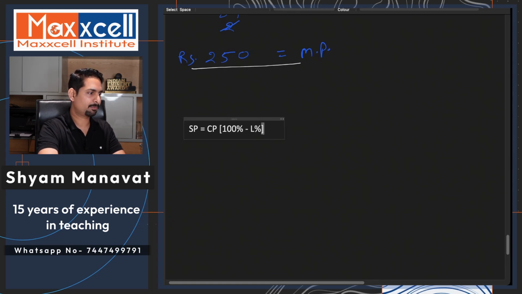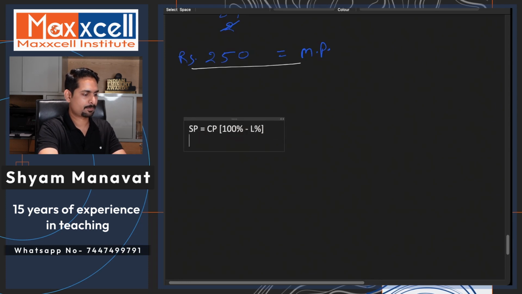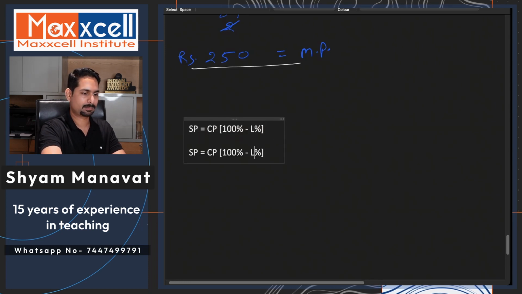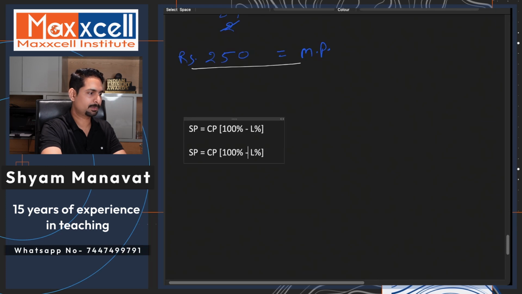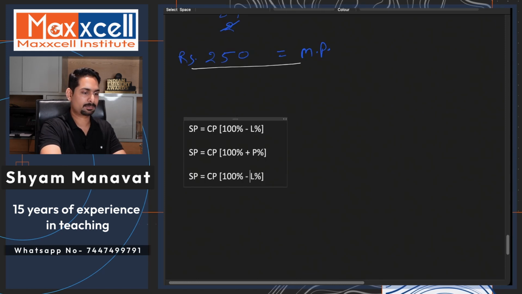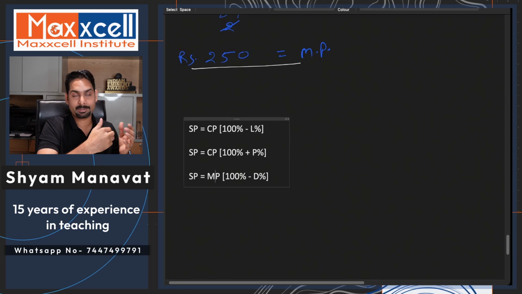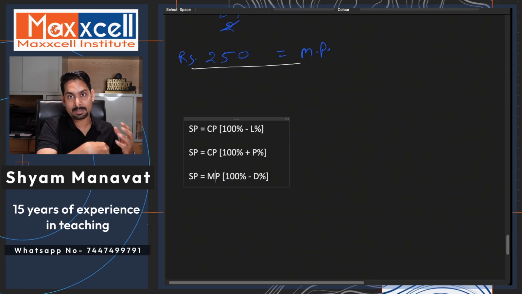And if it is profit, what do we do? Selling price equal to cost price into 100% plus profit percent, if it is profit. If it is discount, then discount is applied on mark price. Okay. So remember these formulas. We are going to use these formulas in coming questions, coming classes.